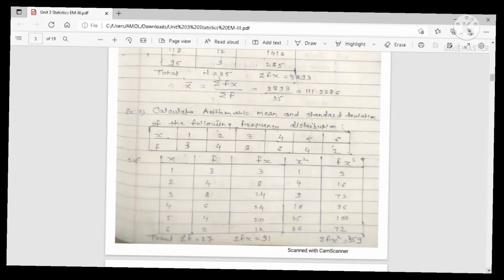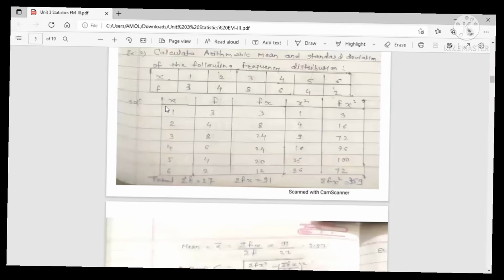Now you construct the table. The first column, X, the observations. Second column, the corresponding frequencies for the observations. The third column is F into X, the multiplication of F and X. Then the fourth column is X square, and the next one is F into X square.